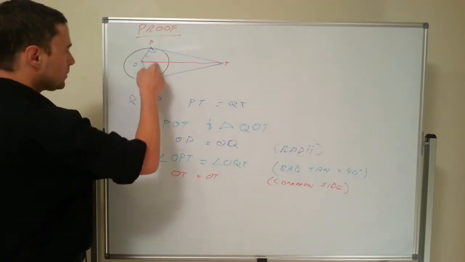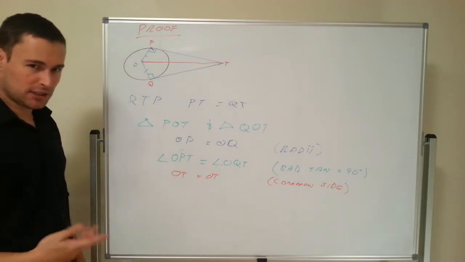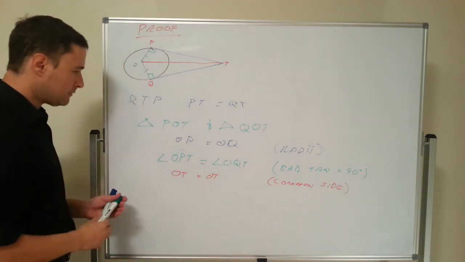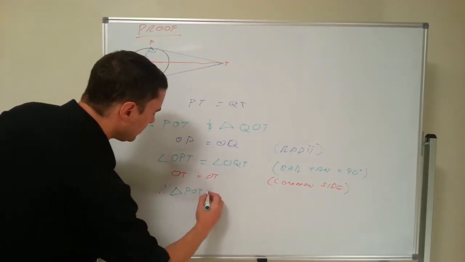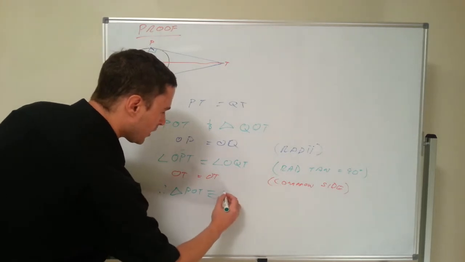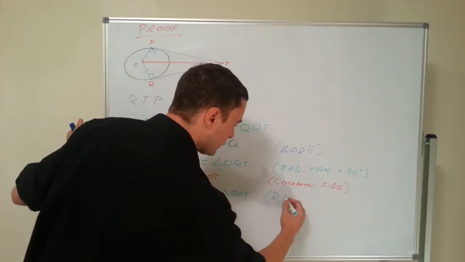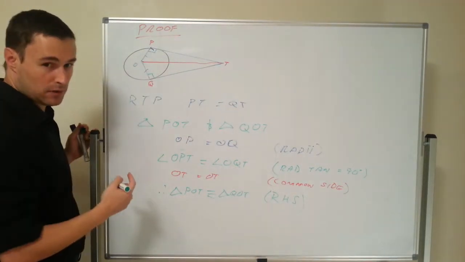I've got a right angle, the hypotenuse, and one side. So I know this seems long-winded, but this is a watertight proof. Therefore, triangle POT is congruent to triangle QOT, and the reason is right angle, hypotenuse, side.